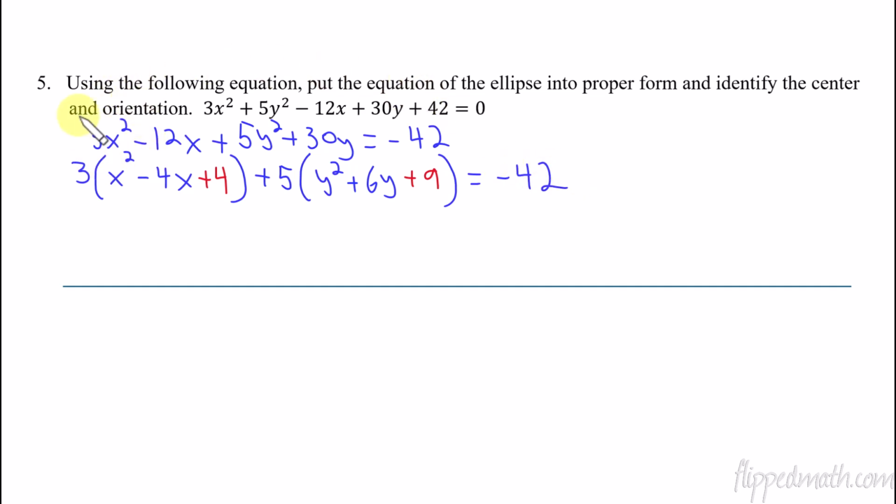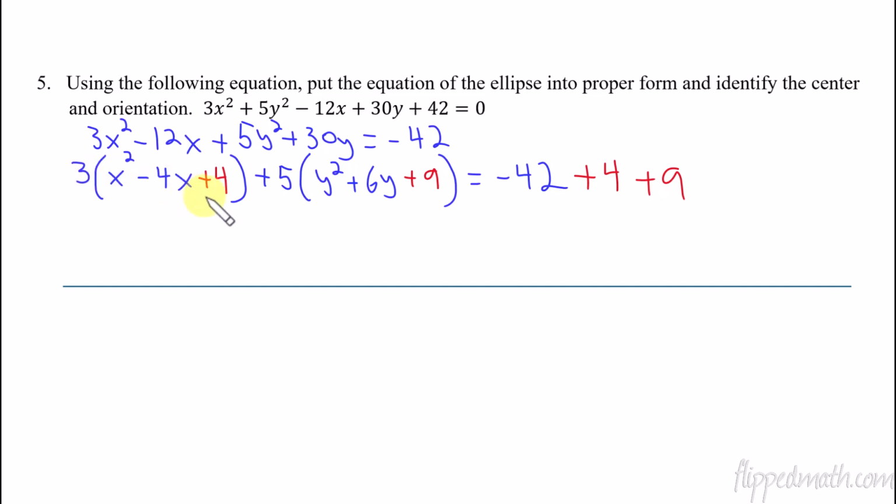Now we've got to balance this. We're allowed to add anything we want on the left side as long as we add it to the right side. So what I'm about to do is wrong. Please don't write this down. If I was saying this would make sense if you just thought, okay, plus 4, plus 9, that balances it, right? But that's wrong because this is not a 4. That 4 is being multiplied by this 3.